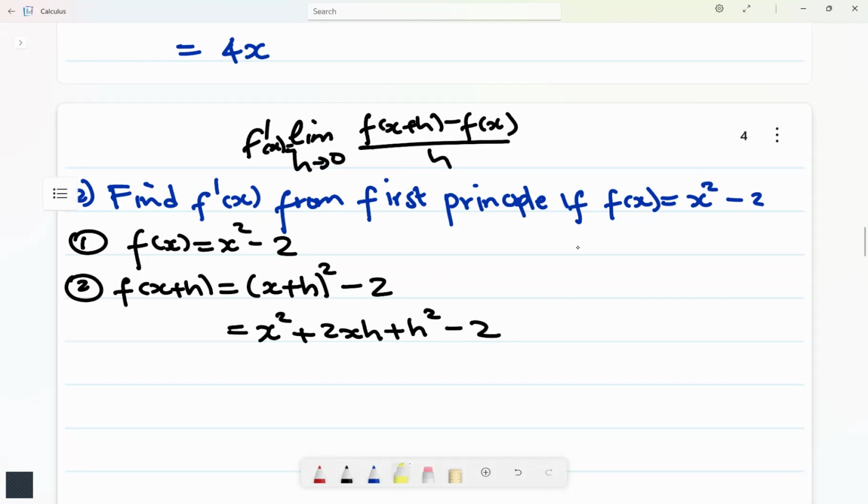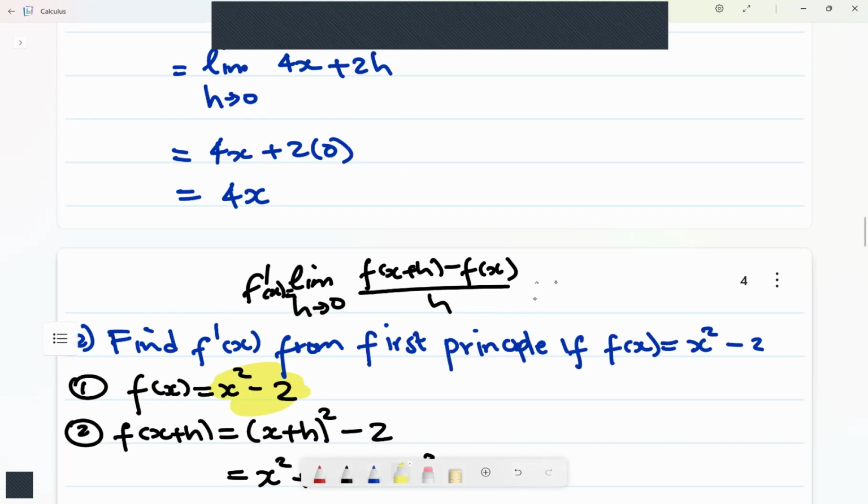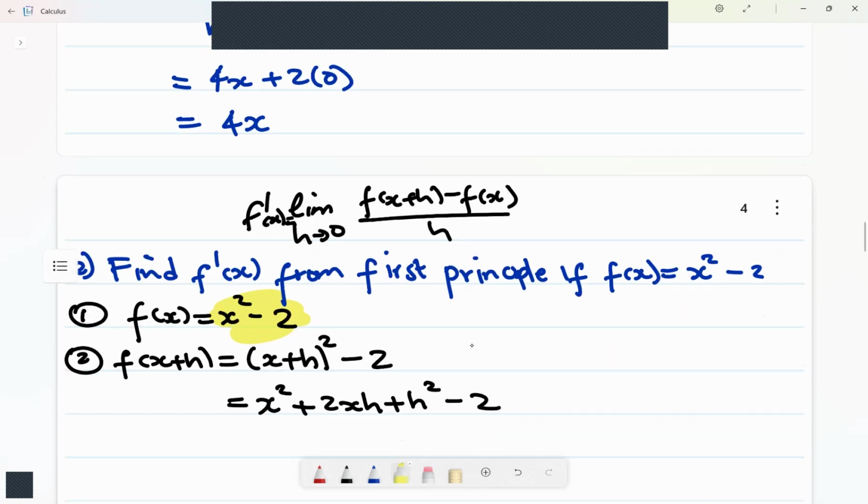Okay, I repeat, everything that's here on the formula, when you substitute into here, should not appear. They should just disappear. Okay?